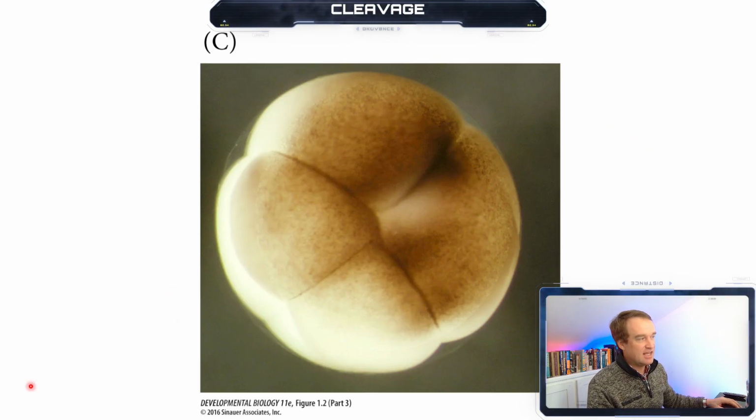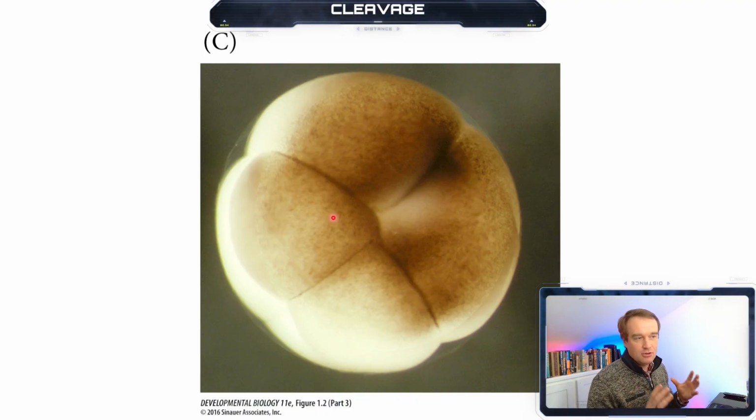Right, let's move on. So this is an early stage of cleavage, right? Oh, sorry, I put my pointer over here. So one thing to note that you'll see throughout these pictures is that during these events of cleavage, the number of cells grows exponentially, right? So it's constantly doubling.